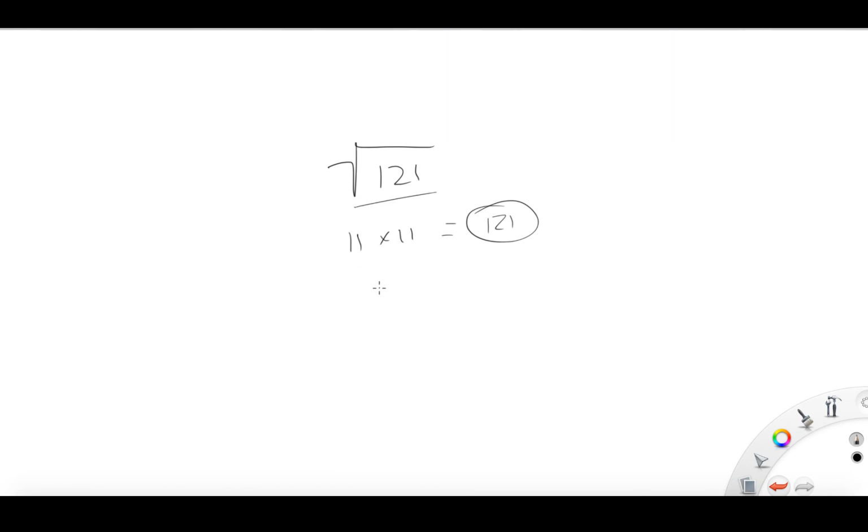Once you start to see these square roots, you'll start to get familiar with them. Like 144, oh, that's 12. 81, that equals 9. 36, that equals 6. You're going to start to get familiar with all of these even roots. Here's another one, 64, 8.